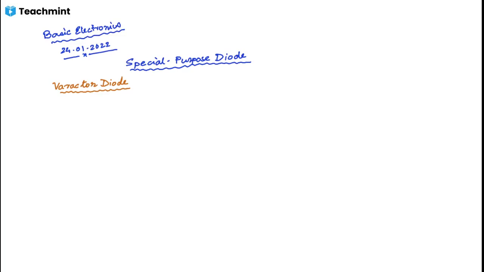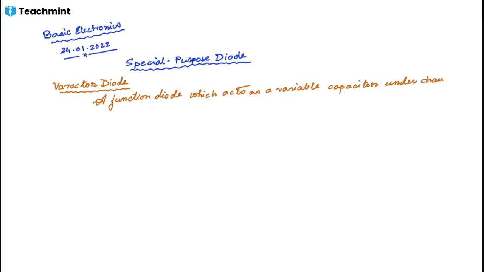So a junction diode which acts as a variable capacitor under changing reverse bias is known as a varactor diode.